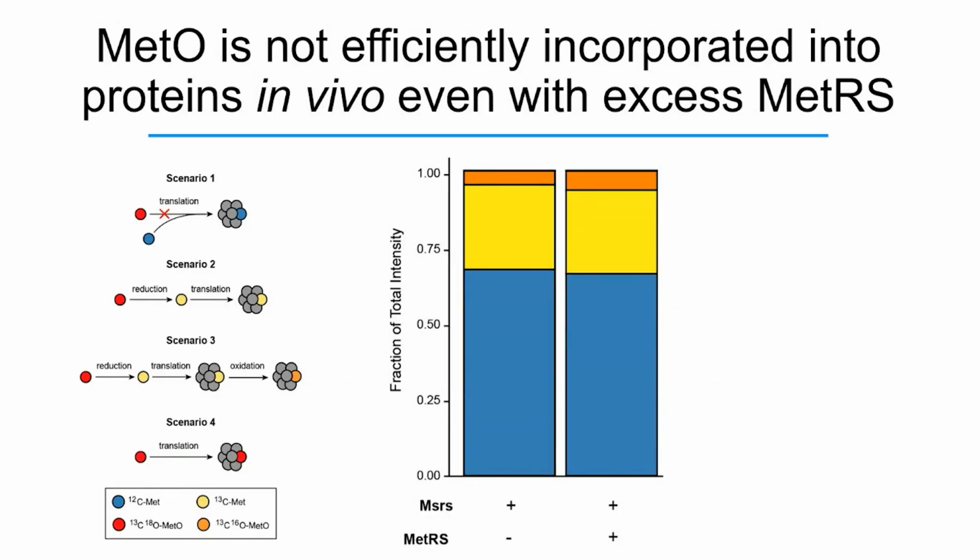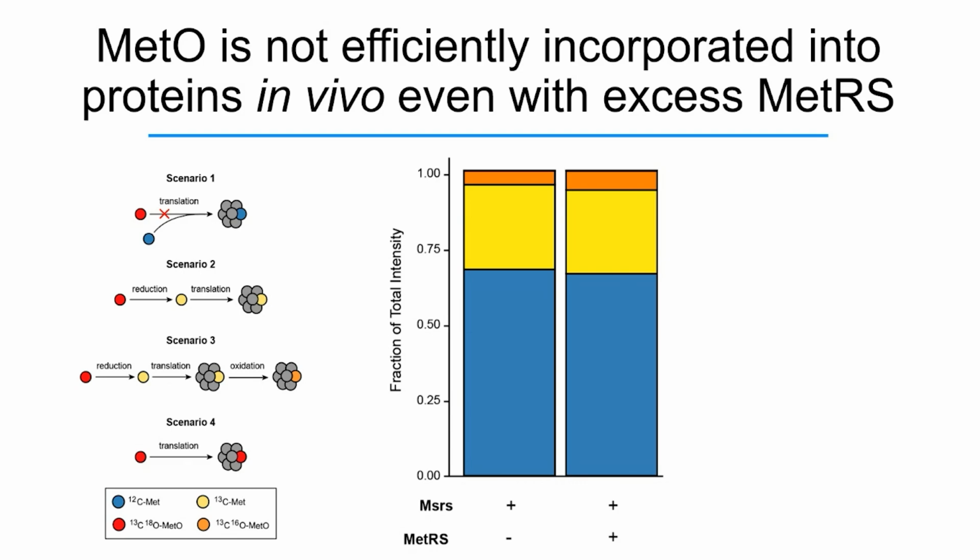So this is just a wild type strain. This strain has MSRs, as drawn by the plus at the bottom. So if I have a normal amount of that MetRS enzyme, which aminoacylates methionine onto tRNA, you get a pretty big signal of normal light methionine. And then you also see a lot of that yellow, which is the reduced methionine sulfoxide, which is what we would expect if these cells have MSRs.